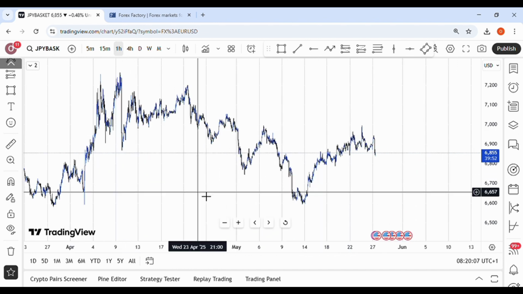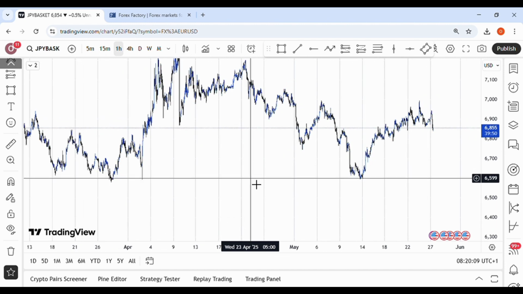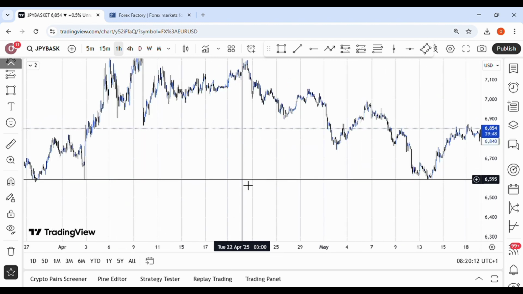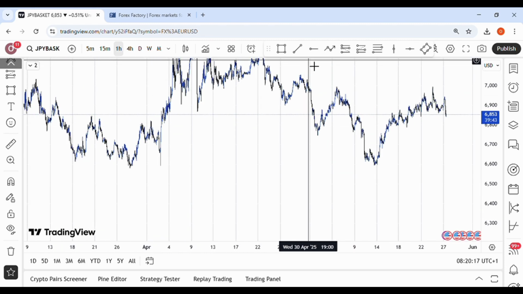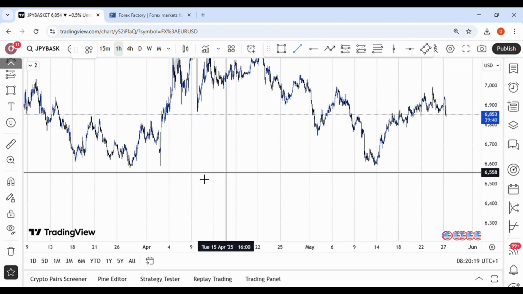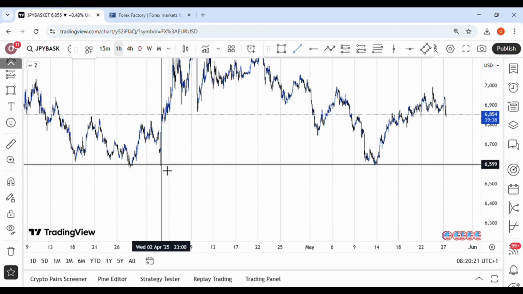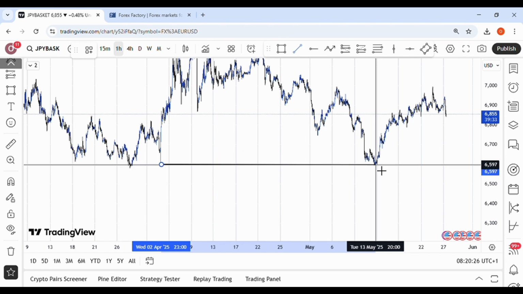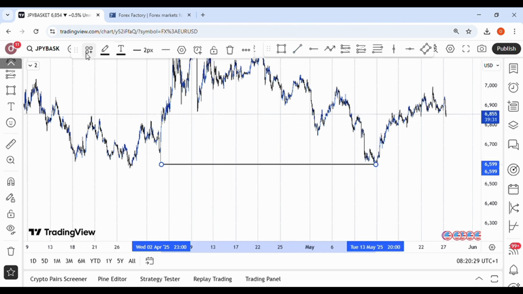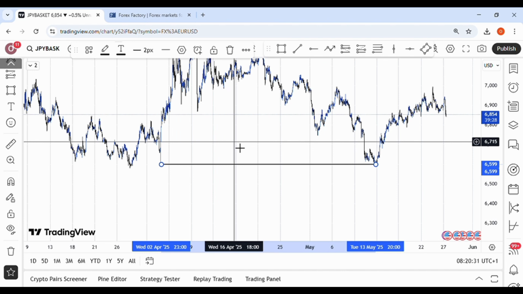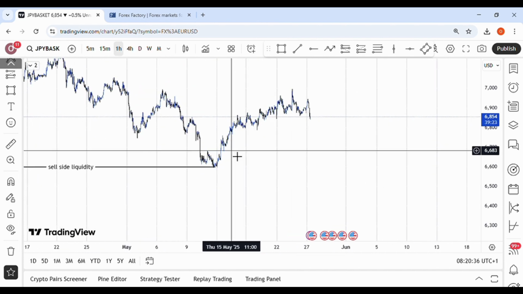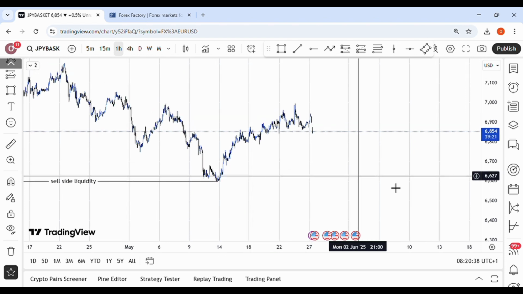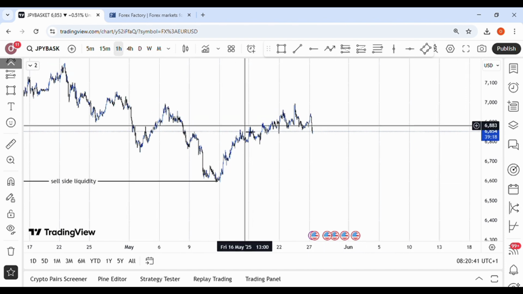In our 1-hour time frame, we got this sweep of liquidity. This is our sell side liquidity. So price tapped into our sell side liquidity in our 1-hour time frame and started pushing forward to the upside.